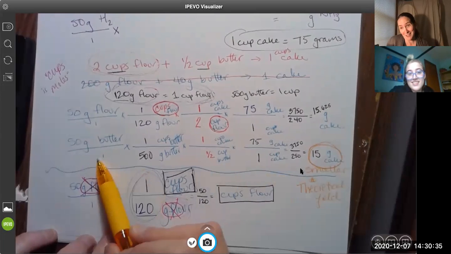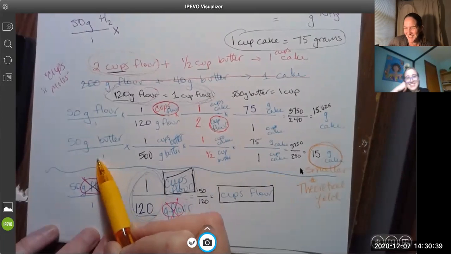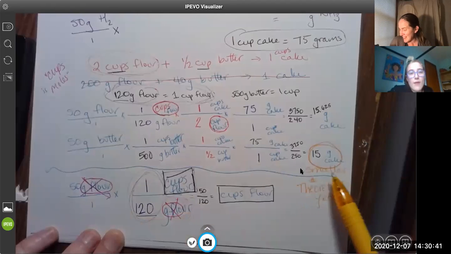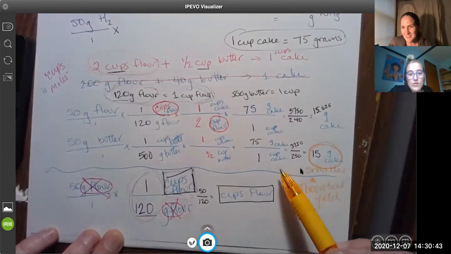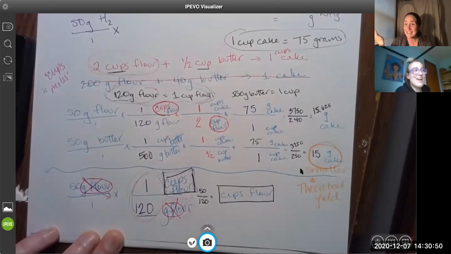We put so much butter on each cupcake, so we can't use the rest of that because there's no butter to make the thing whole. Exactly.